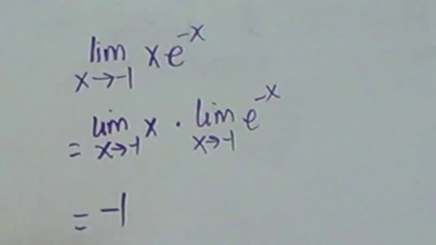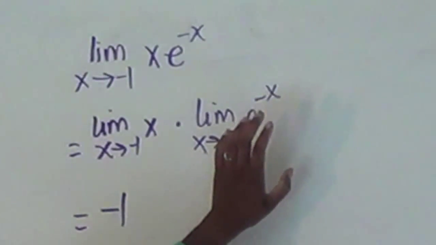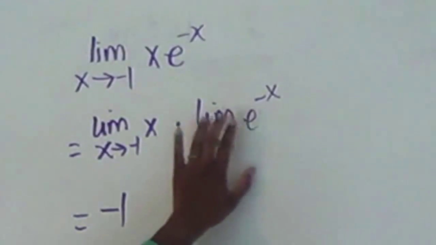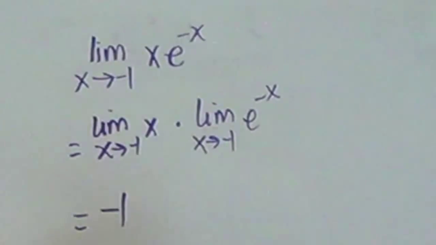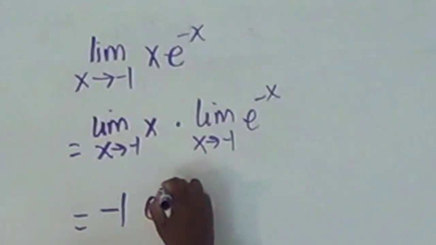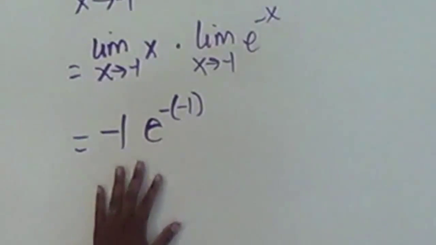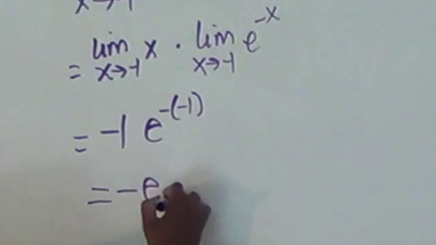We can see that's just going to be a negative 1. And here again, even though I'm now looking at x in the exponent, I can think of this as my f of x. Okay? So if this is my f of x, the limit is just going to be f of whatever my a value is. So this is going to be e to the negative of negative 1. And now if we simplify this expression, we can see that this is just going to be negative e.